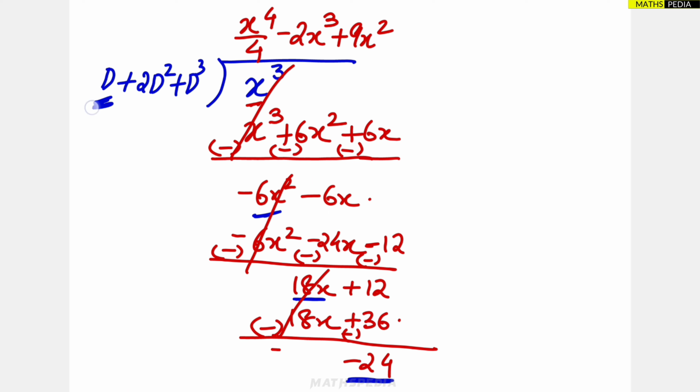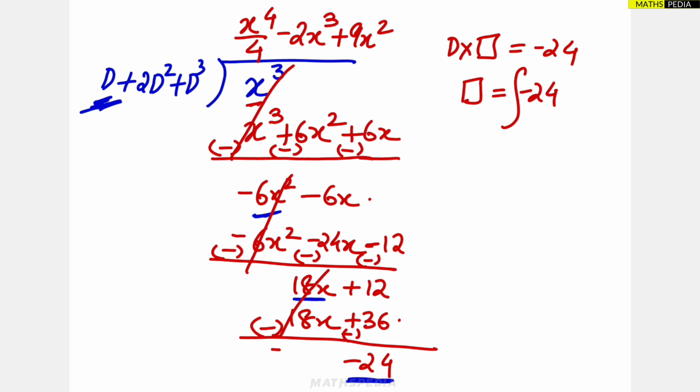This element is the first term. Again differentiation. That means you have to find the element. D into what will give you minus 24. So that element is equal to the integration of minus 24. See here, a very important point: integration of a constant is what?